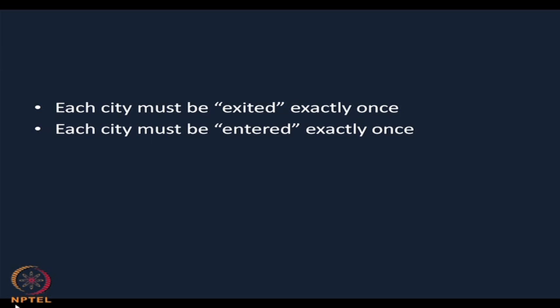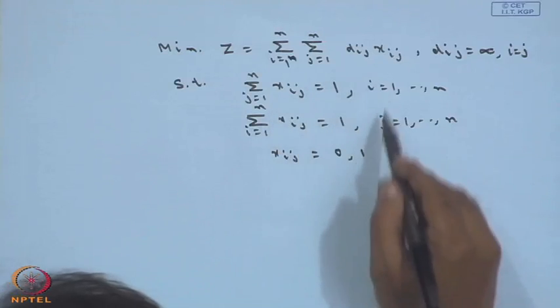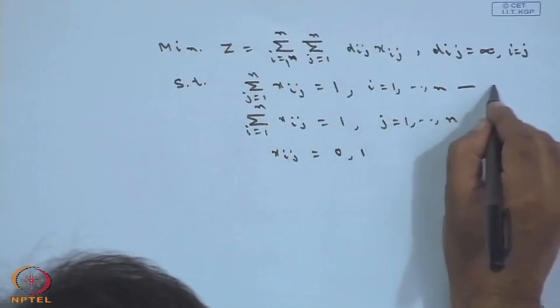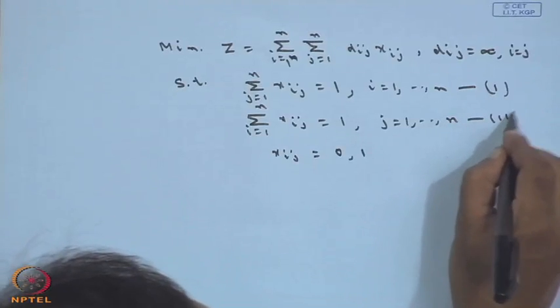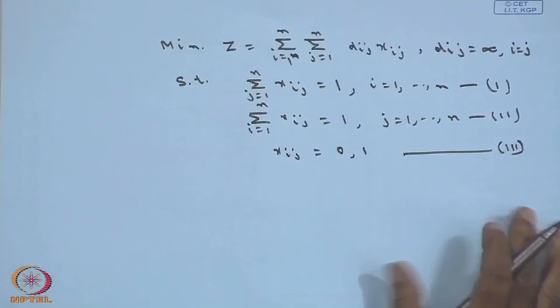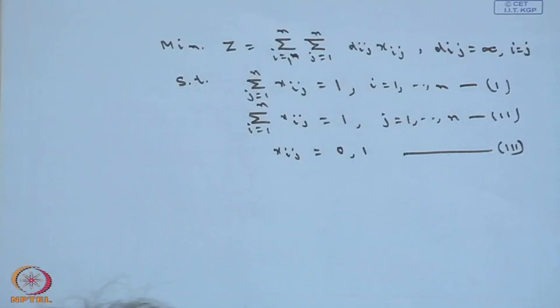So, if you see the problem now, with constraint 1, constraint 2 and constraint 3, subject to this minimization problem, this problem basically defines a regular assignment problem.